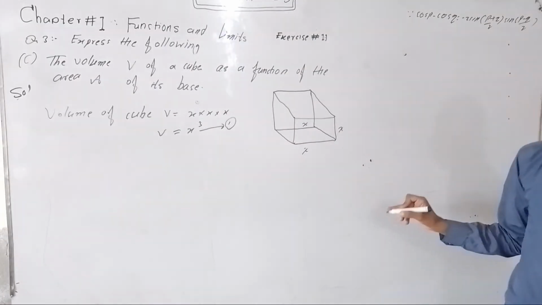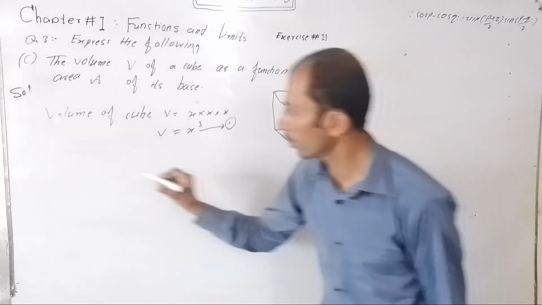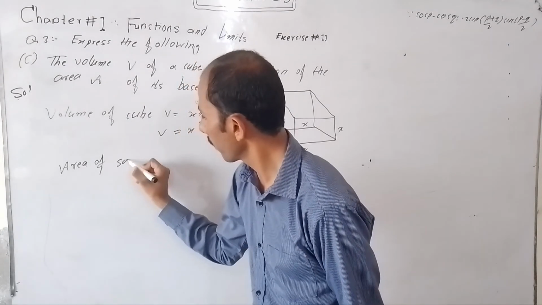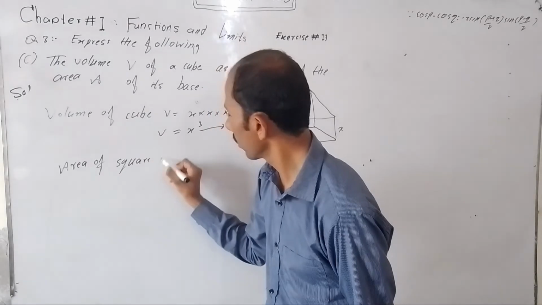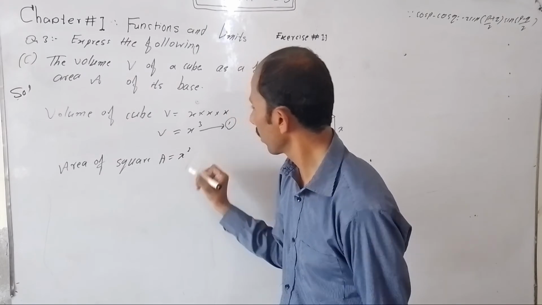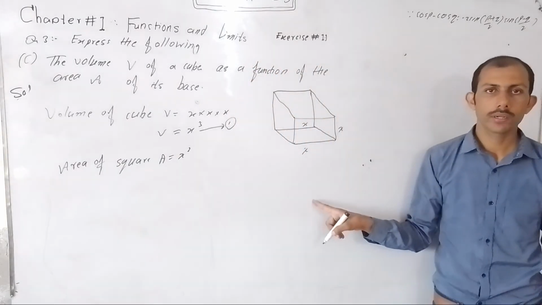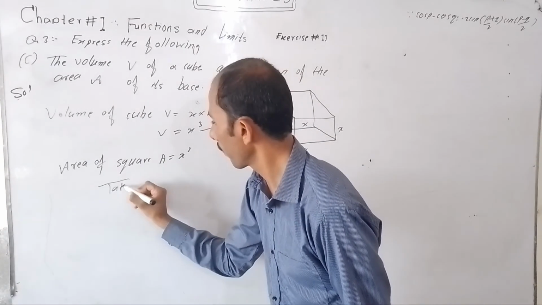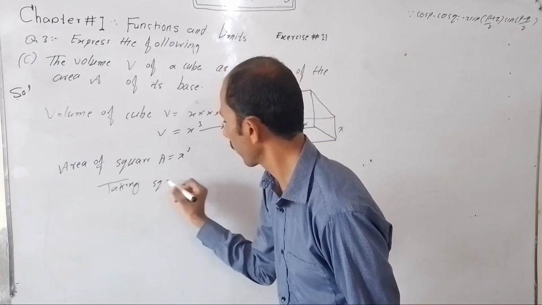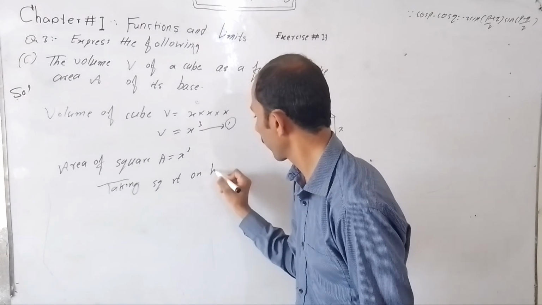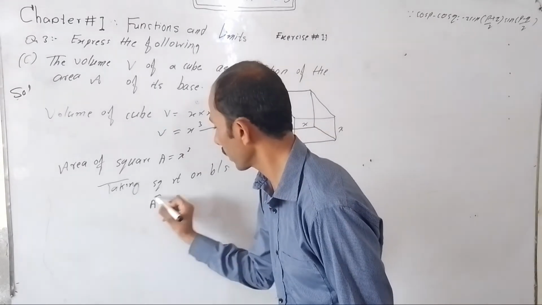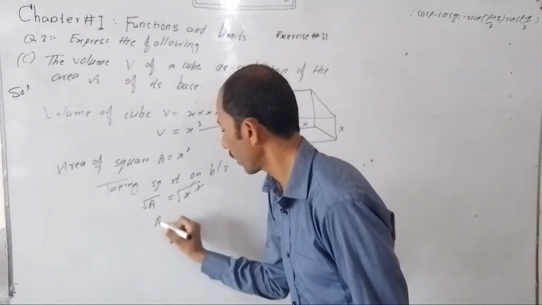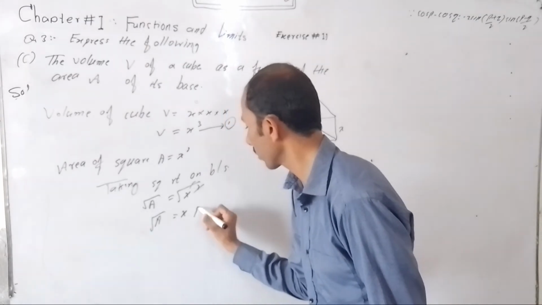Area of square is equal to x square. Taking square root on both sides. So under root of A is equal to x.